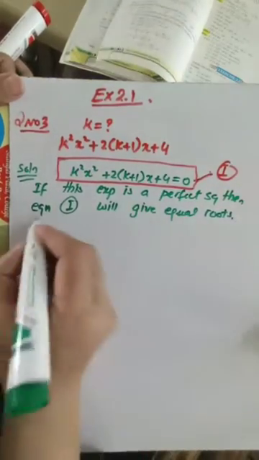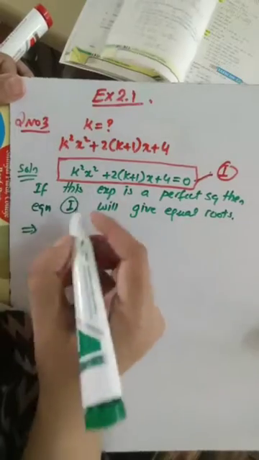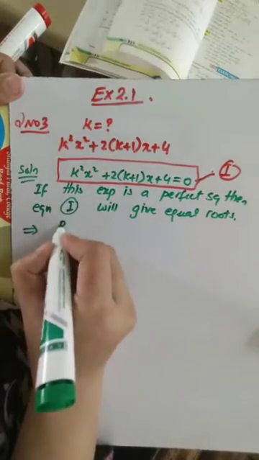Now if we are getting equal roots, then this implies that the discriminant of this expression, let me write it over here, this is the discriminant.